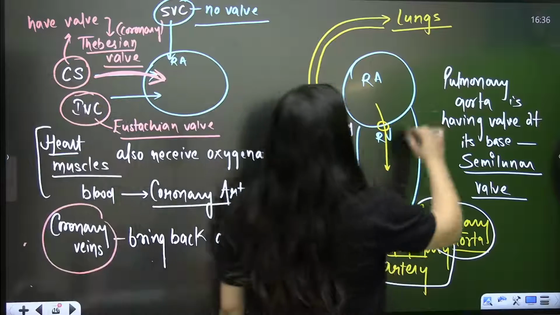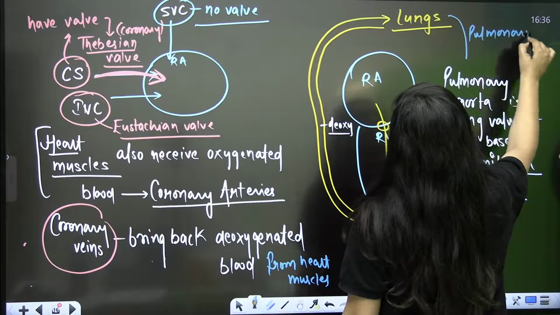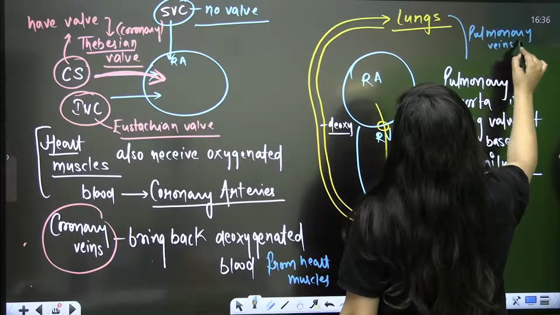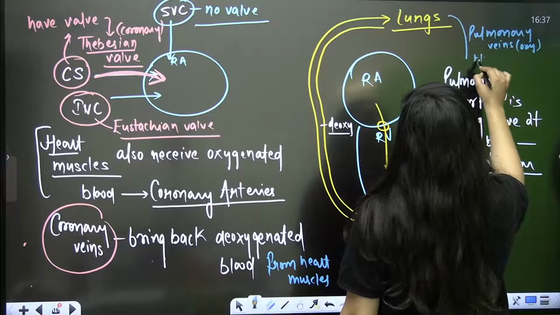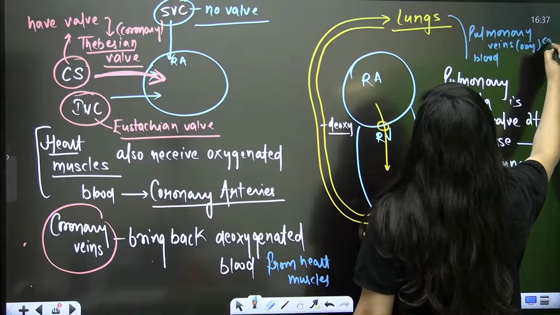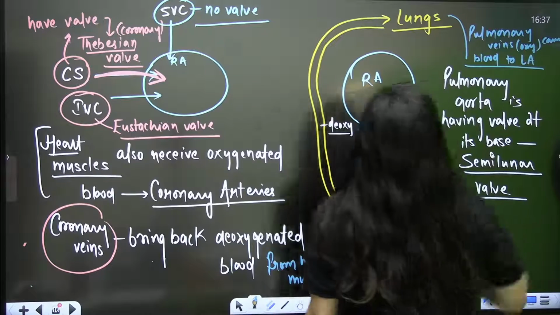So after oxygenation in the lungs, it is the pulmonary vein that will carry oxygenated blood to the left auricle. Understood?